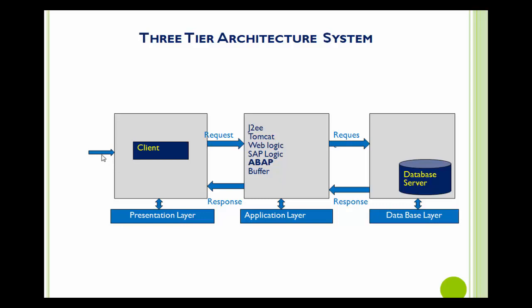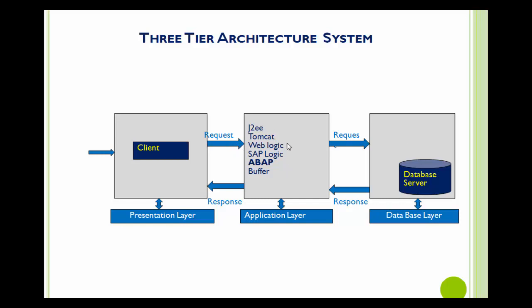Earlier, we faced in a two-tier architecture system that if you processed the same request many times, the second time also it was hitting the data from the database directly. Here, buffering concepts are available. Whenever you request the first time, the data will be loaded into your application server. Buffers are temporary storage areas. It is stored on the application server in RAM, right?